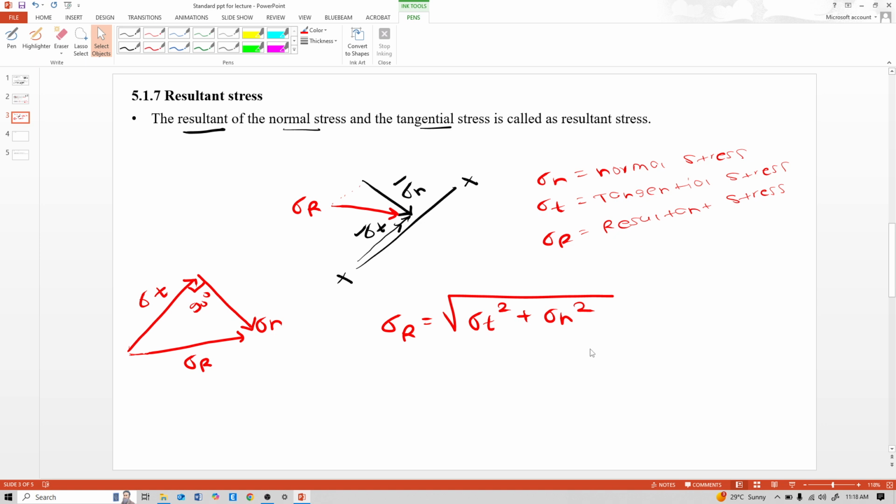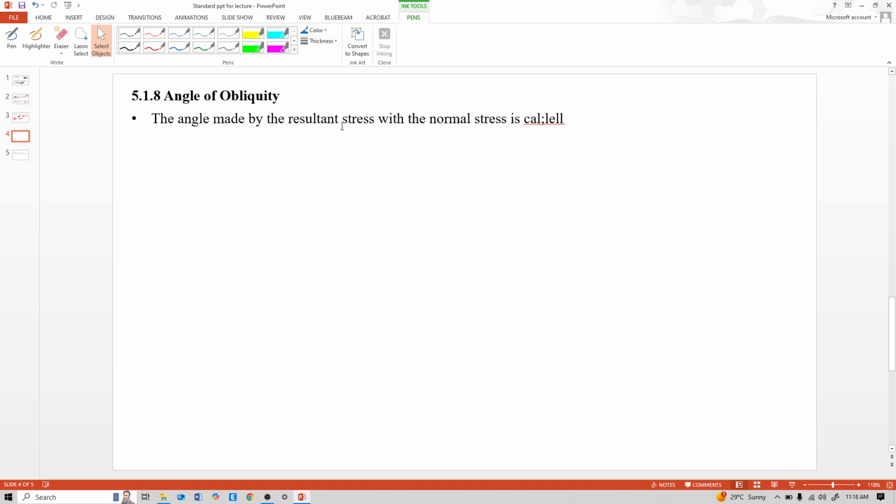And this angle between sigma n and sigma r is phi, and this angle is nothing but the angle of obliquity. The angle made by the resultant stress with the normal stress is called the angle of obliquity.